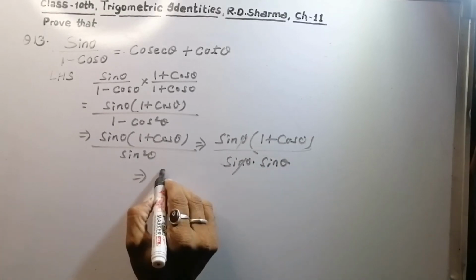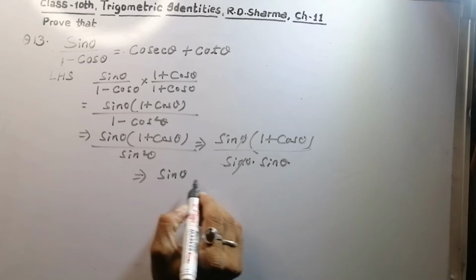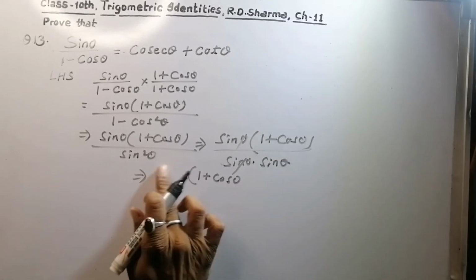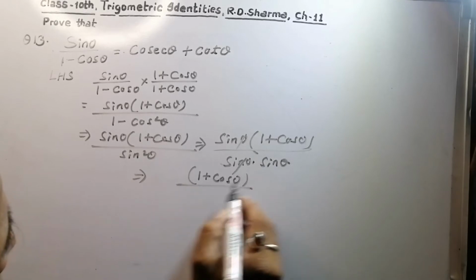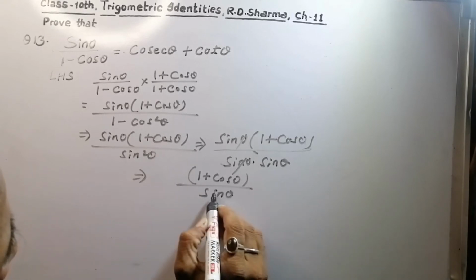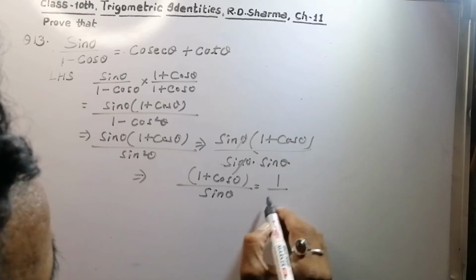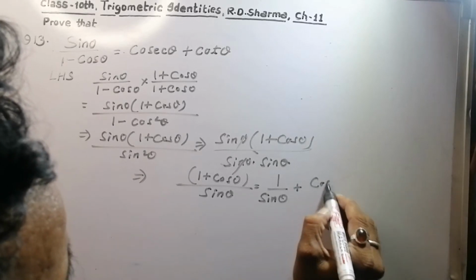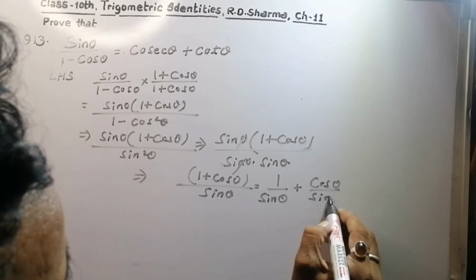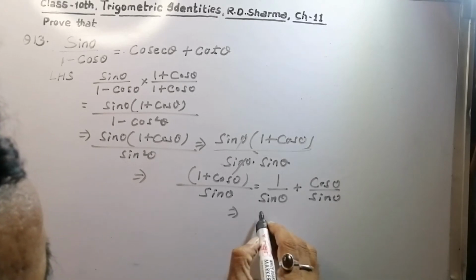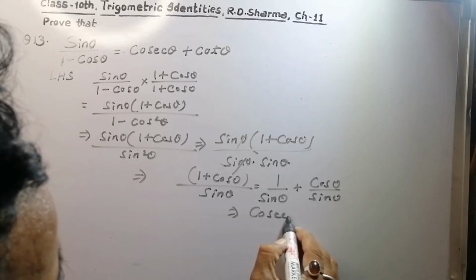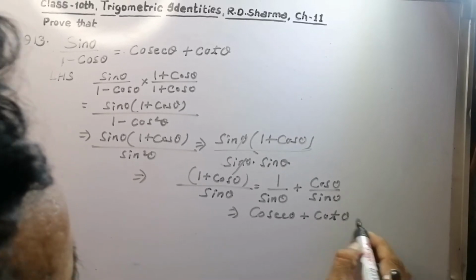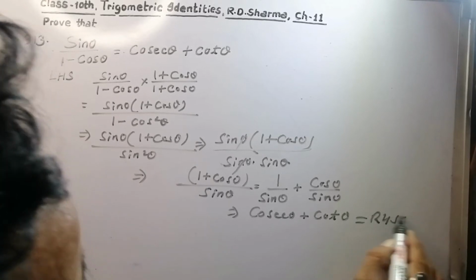So now we get 1 plus cos theta upon sin theta, which we can write as 1 upon sin theta plus cos theta upon sin theta. 1 upon sin theta means cosec theta, and cos theta upon sin theta means cot theta, which is equal to right hand side.